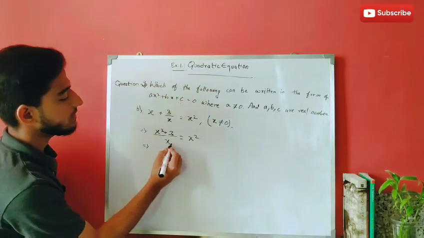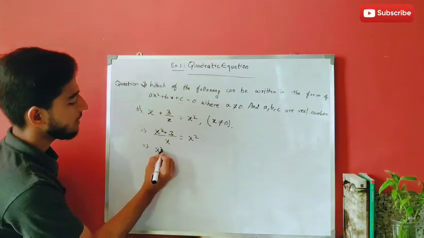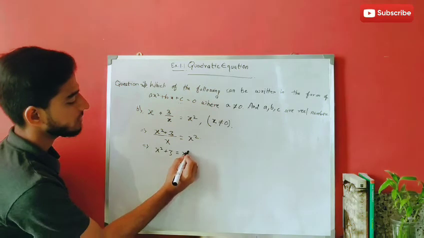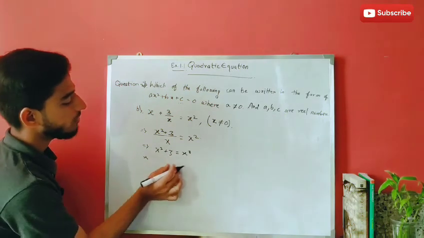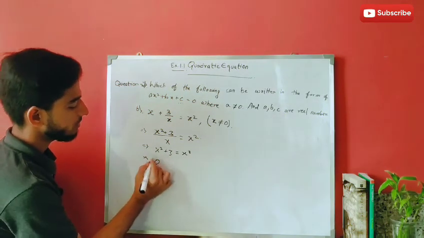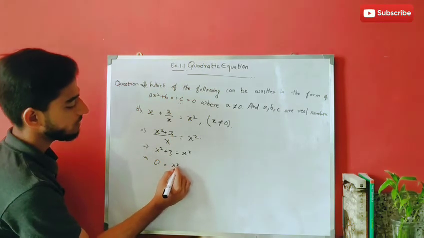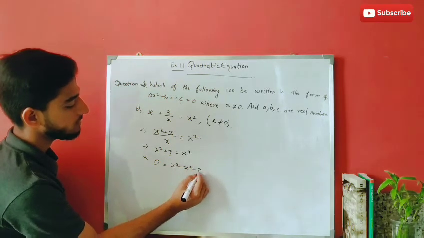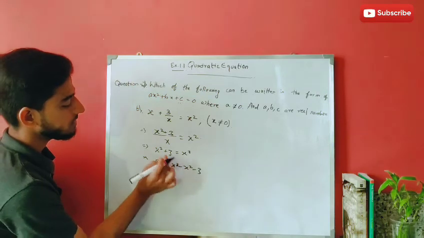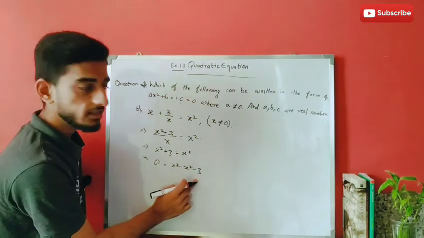Now this x will be multiplied across: x square plus 3 is equal to x cube, and we can take all of this to this side, so 0 is equal to x cube minus x square minus 3. This is plus so it becomes minus, this is also plus so it becomes minus.